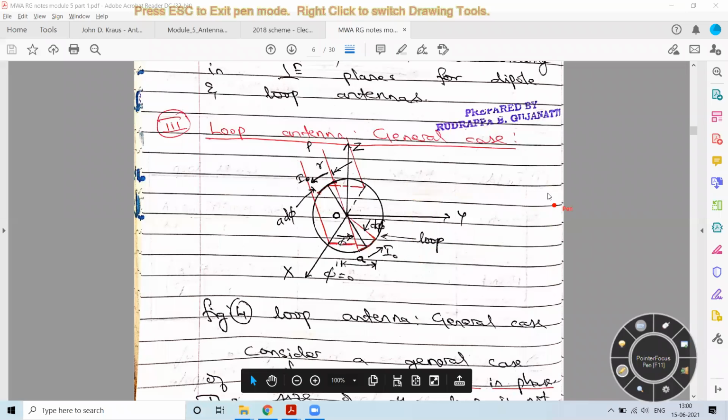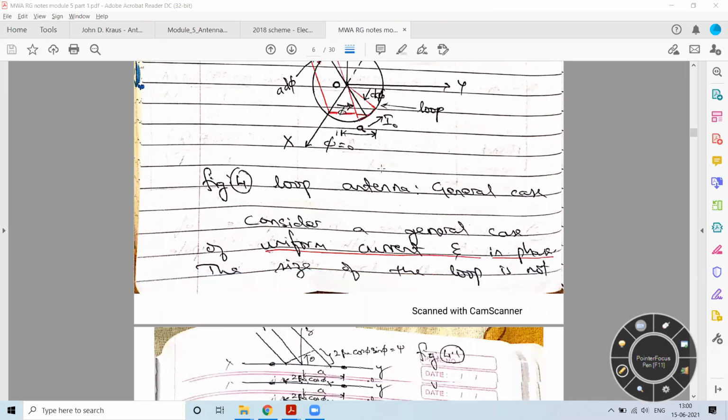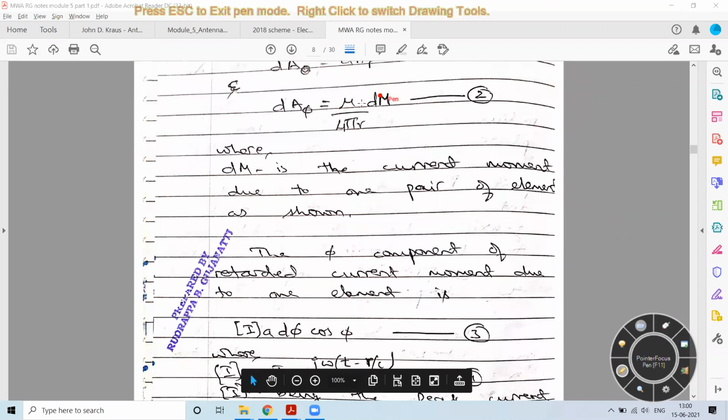So on the circular loop, you had considered the elemental parameters. One element is a d phi and the other element is a d phi. The current moment because of these two is represented with dm. So that is what is represented over here.